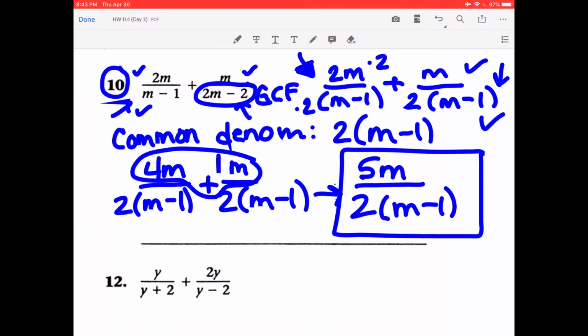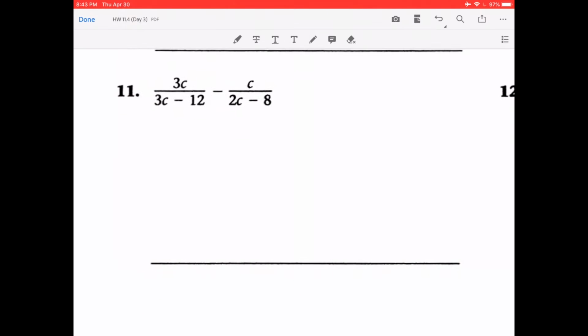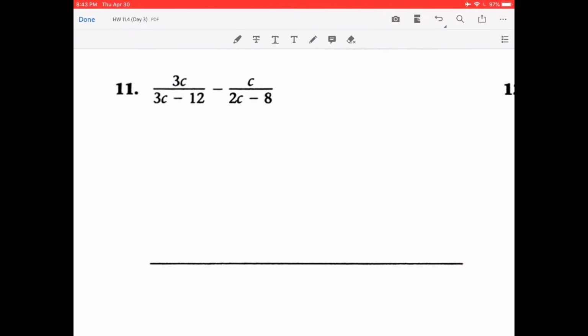Let's move to question number 11. All right, so in question number 11, the process is going to be pretty similar, okay? We need to get a common denominator, so in order to do that, we're going to factor. So the numerators are good, but on the left fraction in the denominator, I'm going to use GCF.